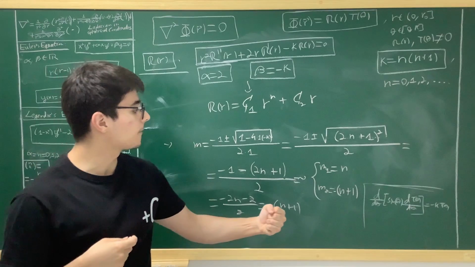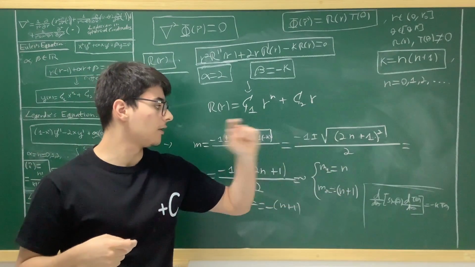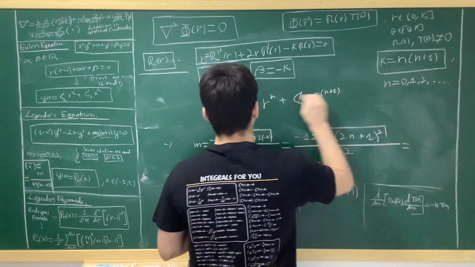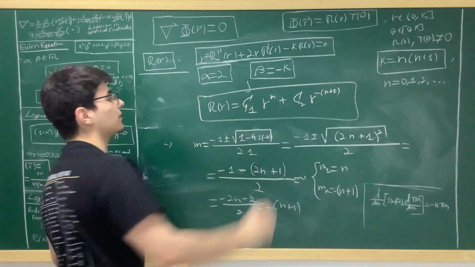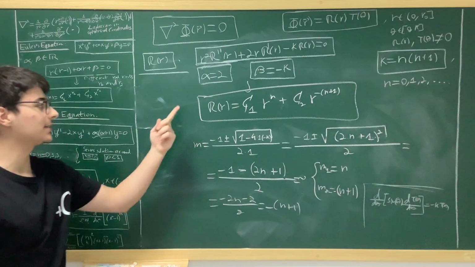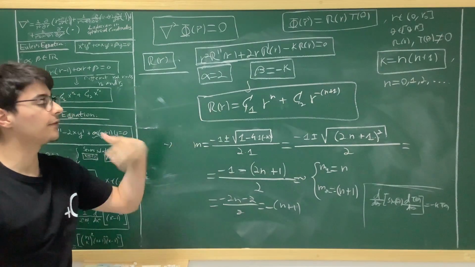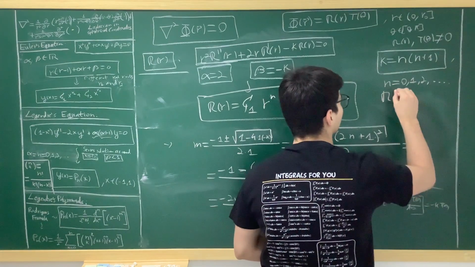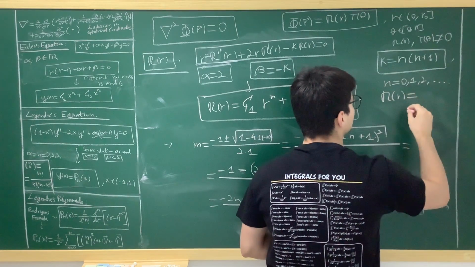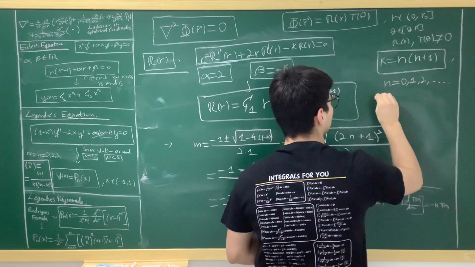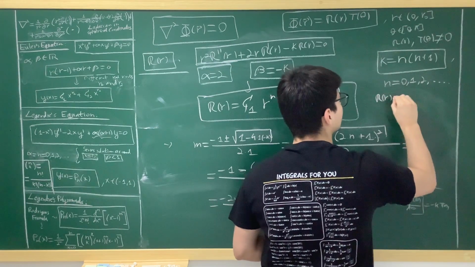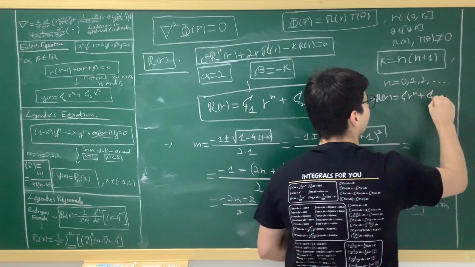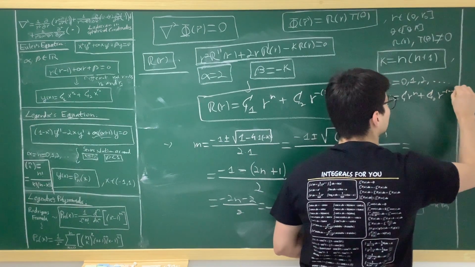And what is our second root? n2, which is negative n plus 1. This is the expression for r. This is just c1 r raised to the n plus c2 r raised to the minus n plus 1.